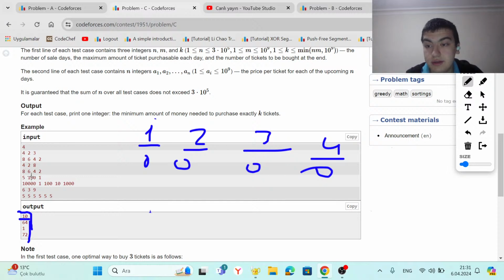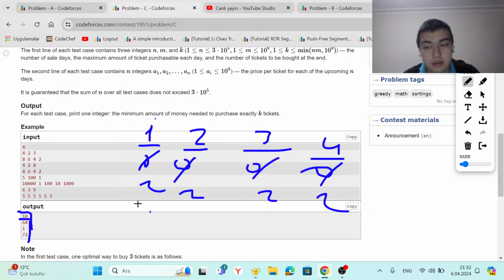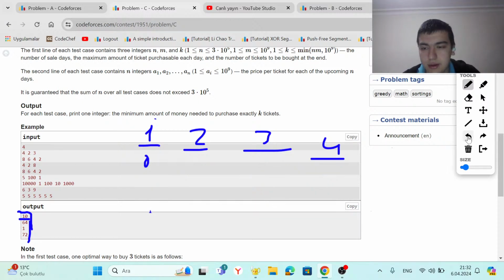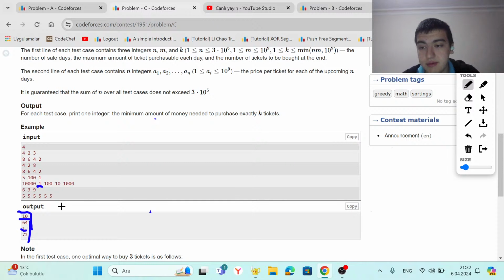Firstly, we need to buy 8 tickets, so we must buy 2 tickets from each. So the answer will be 64. This is not a good example, I think. And in this example, we will only choose this ticket, so the answer will be 1.